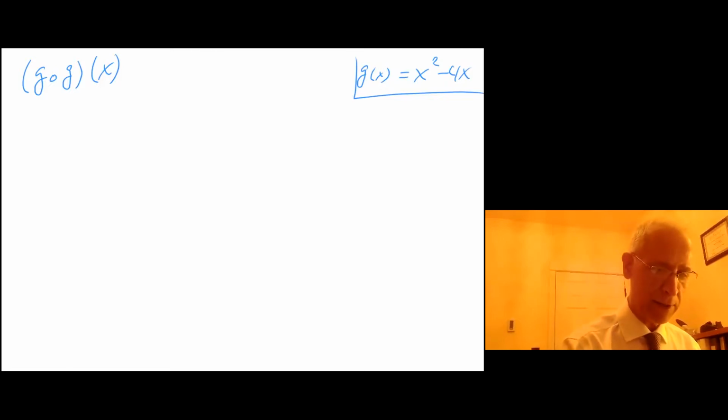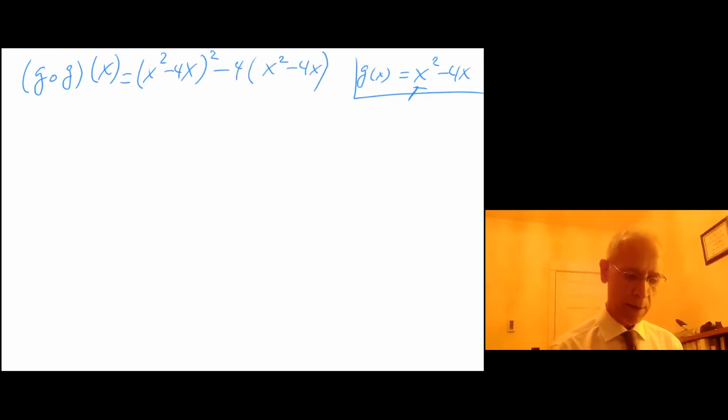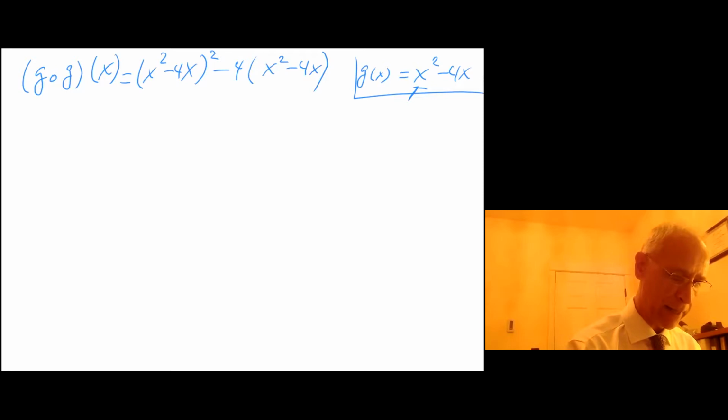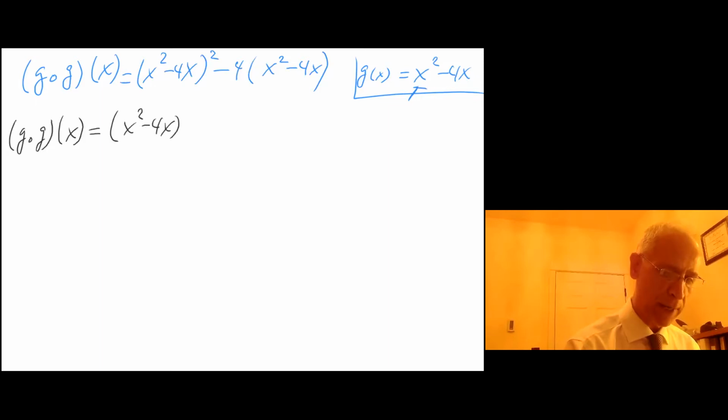So g of x equals, instead of this x, I'll put the g again, which is going to be x squared minus 4x to the second minus 4 times x squared minus 4x. So if I simplify this, I get g of x equals x squared minus 4x times x squared minus 4x. Now minus 4x to the second, and then I have plus 16x.